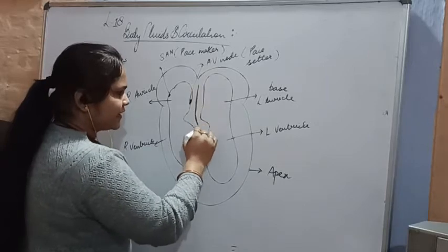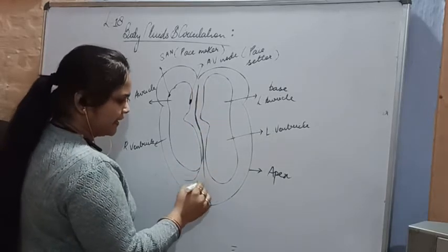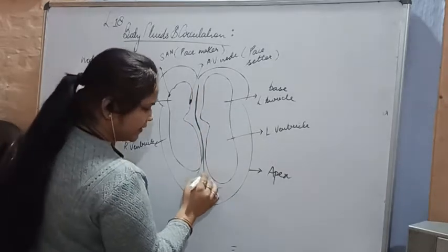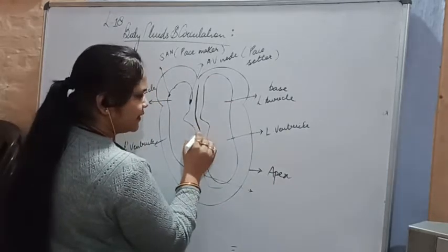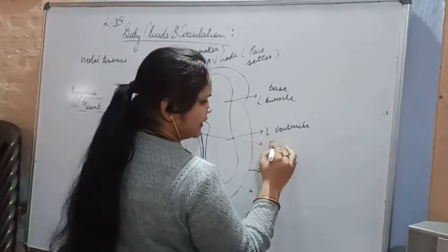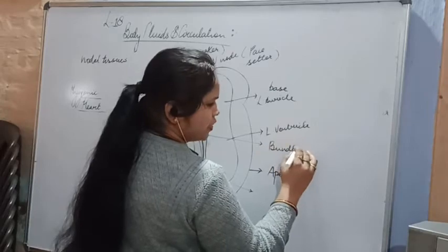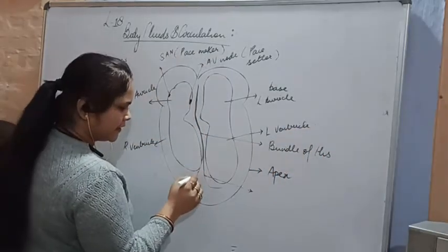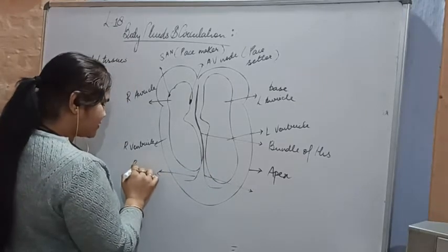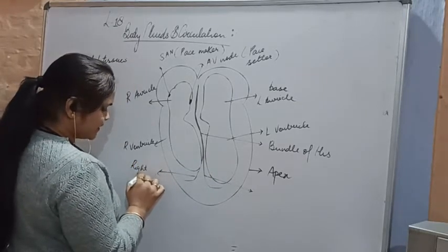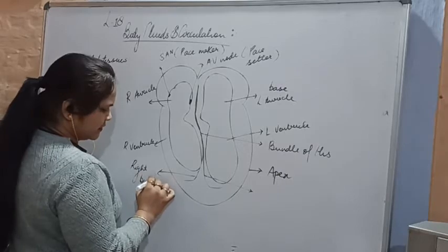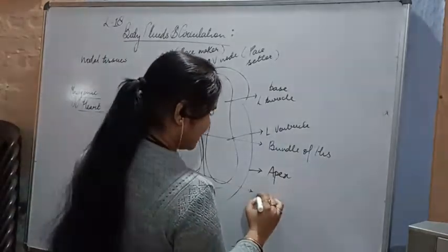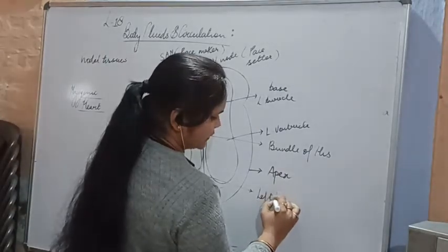Here it divides into a right and left bundle. This AV bundle is called the bundle of His. This will be the right bundle of His. His is named after the scientist, and this will be the left bundle of His.